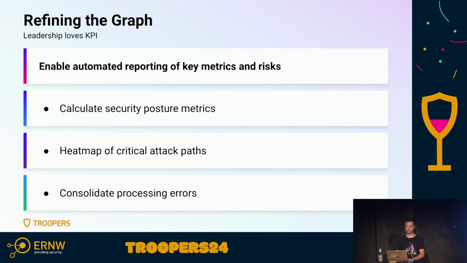KPIs, leadership loves KPIs. Especially for defense teams, we want to give you KPIs for free, so you can say, hey, my cluster is getting better, and those KPIs actually matter, and are not just how many CVEs I have in my cluster, but real KPIs that make sense.